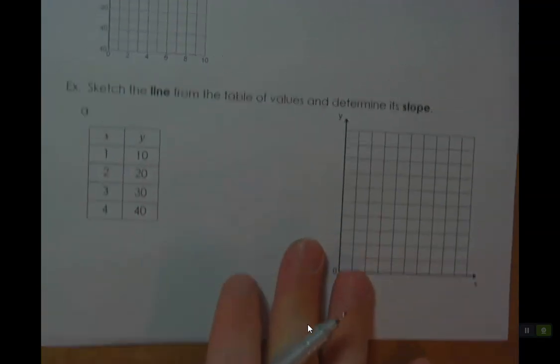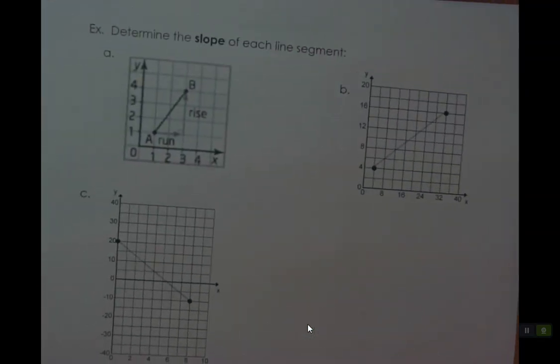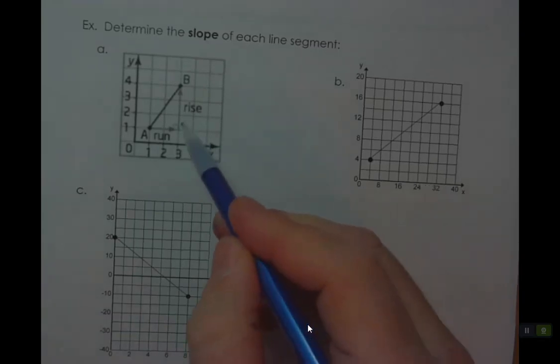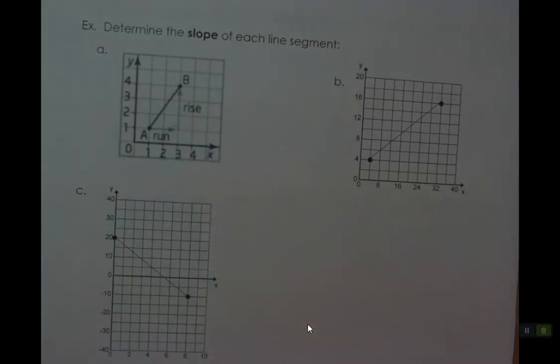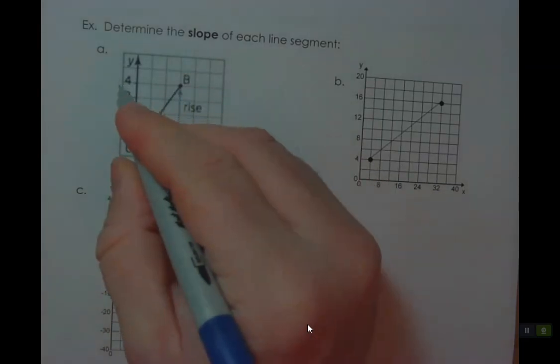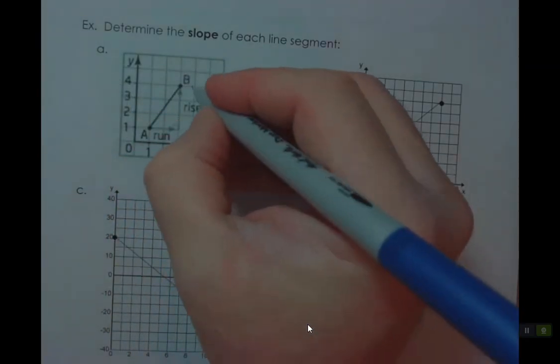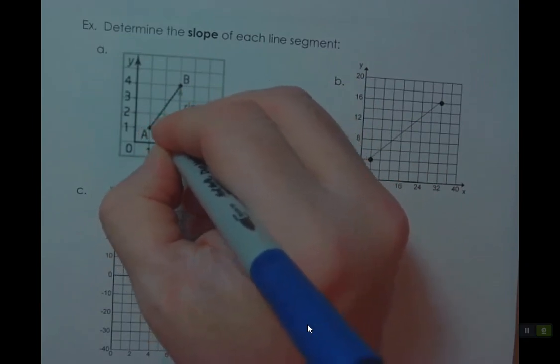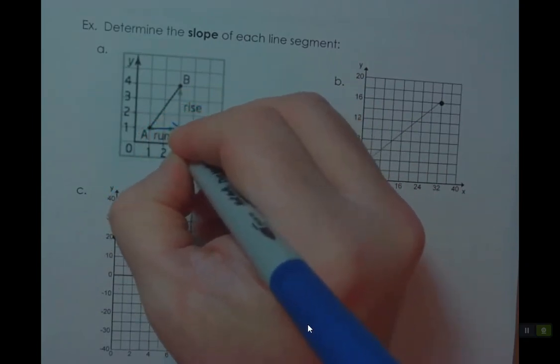All right. So, determine the slope. I'm going to do a couple of these. They become harder. If I'm looking at this first one, that one's pretty easy because I can look at the units on this graph and see those units. If I was looking at my run here, I ran from 1 to 3.